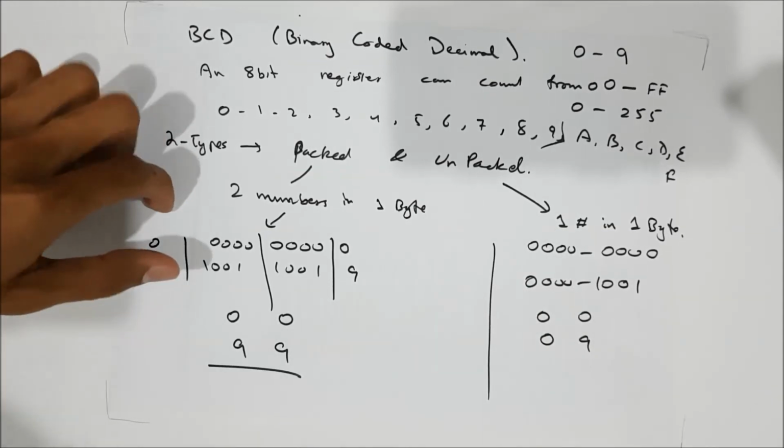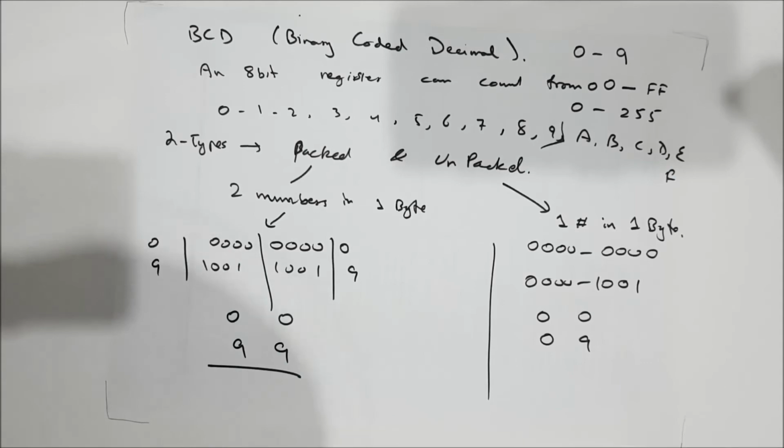Using packed BCD numbers has the advantage of saving ROM space, and it also has an advantage when we are using physical ports for input output. We would like to display two numbers on a single port rather than wasting half the port and displaying just one number.